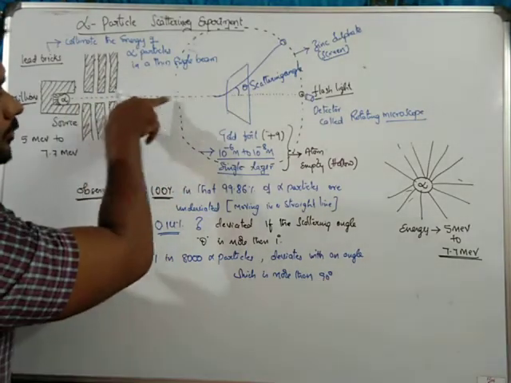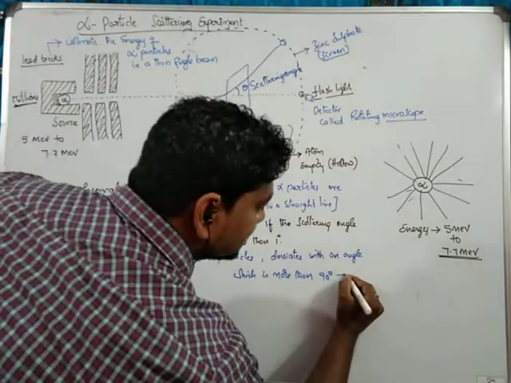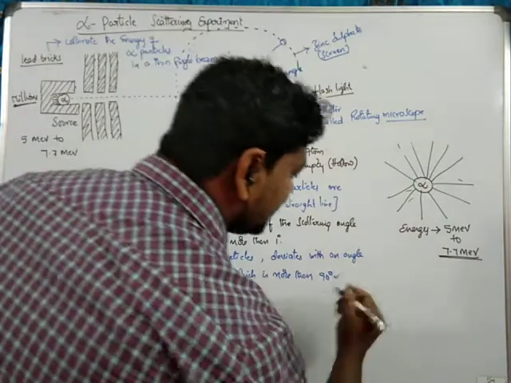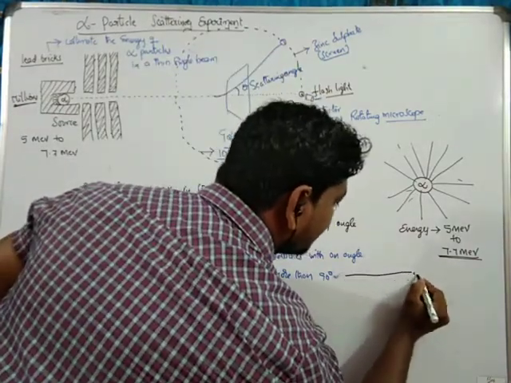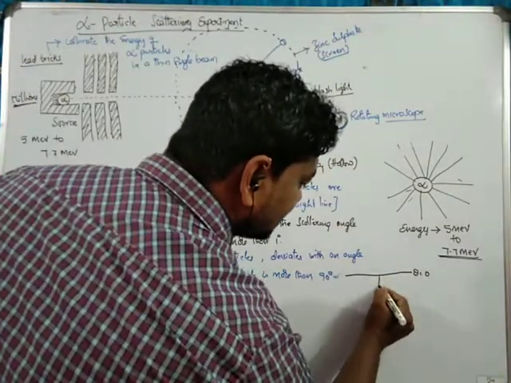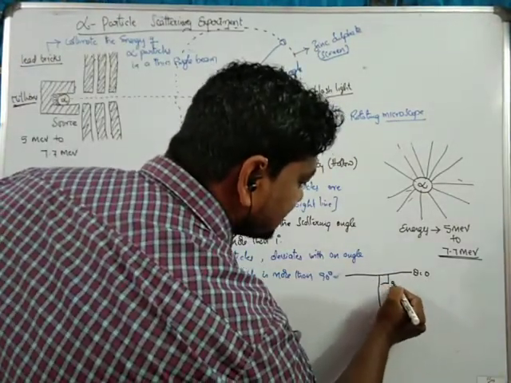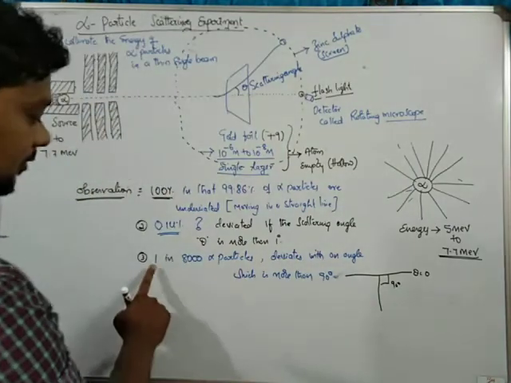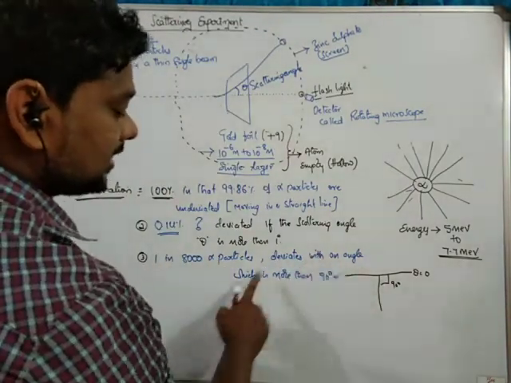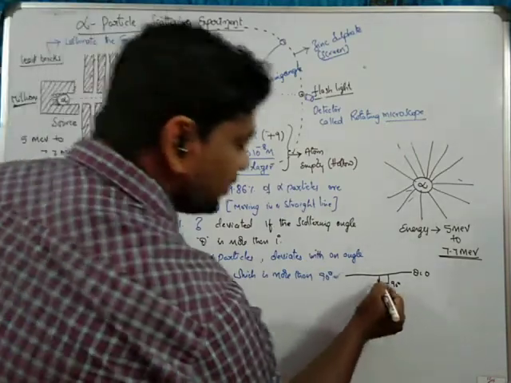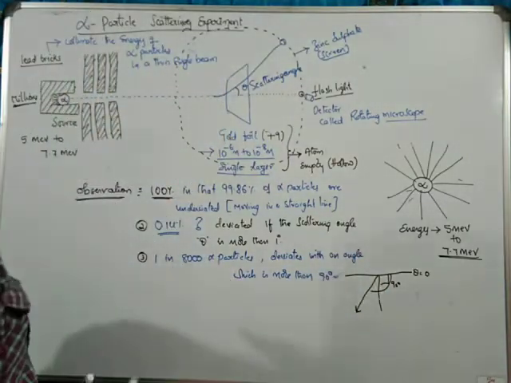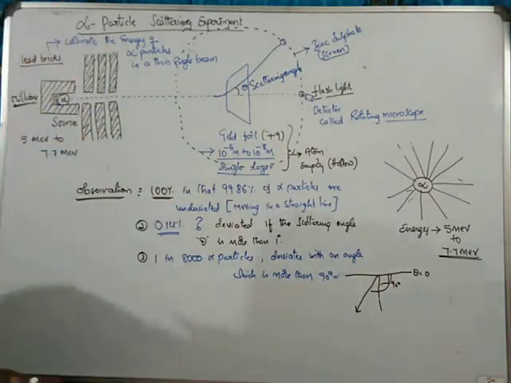Whenever we are moving in a straight line, the angle will be equal to 0. So 90 degrees we will consider as 90 degrees. And 1 in 8,000 alpha particles deviates with an angle more than 90 degrees. So they will be deviated to this side, or we consider the upward direction. This will be the third point.